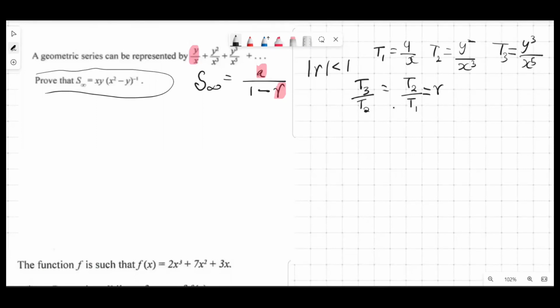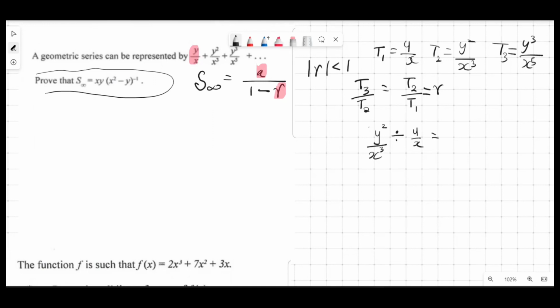So the intention is to find R. So let us set it up to find R. Y squared over x to the third. So that's term 2. And I'm going to divide. I'm going to use it this way because I see that we have another fraction coming. So instead of having fraction over fraction, I'm using this division because I know I'm going to reciprocate and do canceling. So we're going to divide this by y over x.